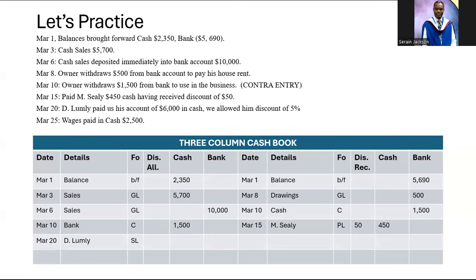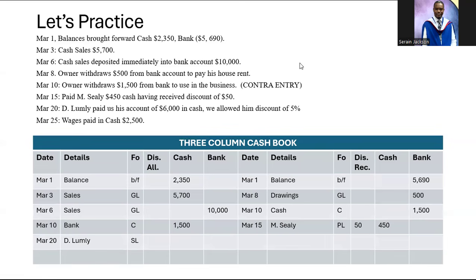We now allow him a discount of 5%. Now we have to calculate what 5% of $6,000 is. So you pull out your calculator and you go 5 divided by 100 multiplied by 6,000, and that is $300.